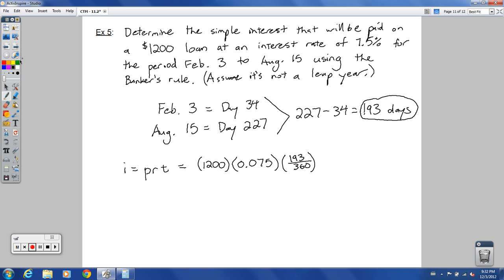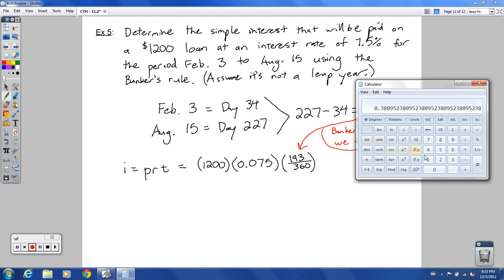Put this in a different color for me right here. Why this and this match up, or how that came to be. The banker's rule here means we divide by 360. So that goes with that part right there. Then it's a matter of putting that into a calculator.